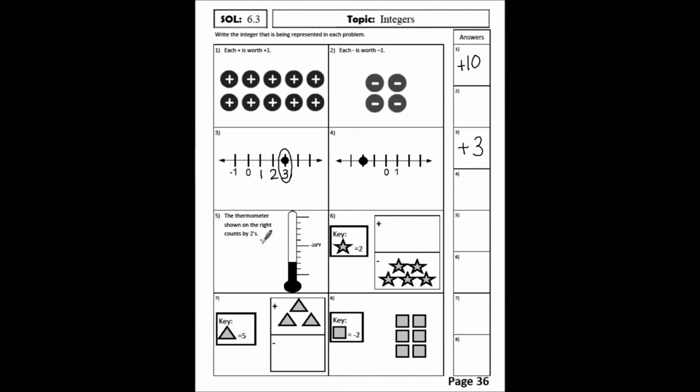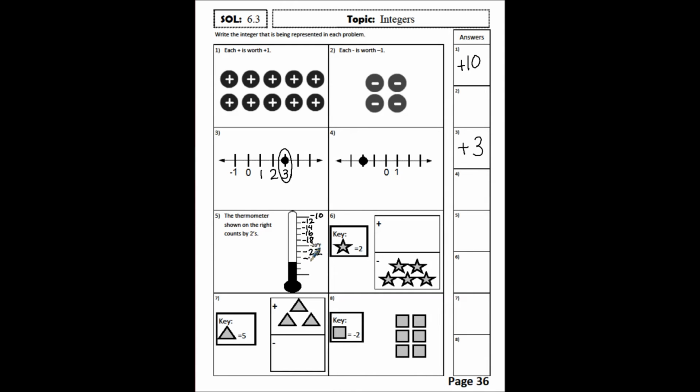The thermometer shown to the right counts by 2's. So if I have negative 20 degrees, if I'm counting down, it's getting colder, and up is getting warmer. So I have negative 18, negative 16, negative 14, negative 12, negative 10, and then it's getting colder.